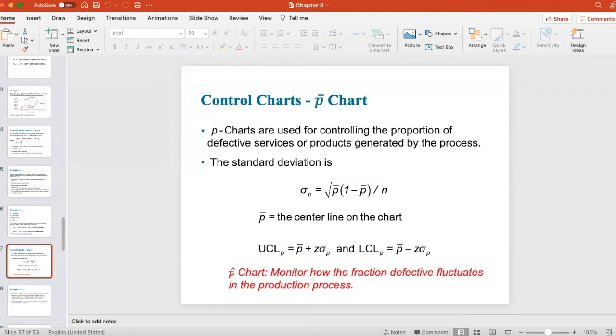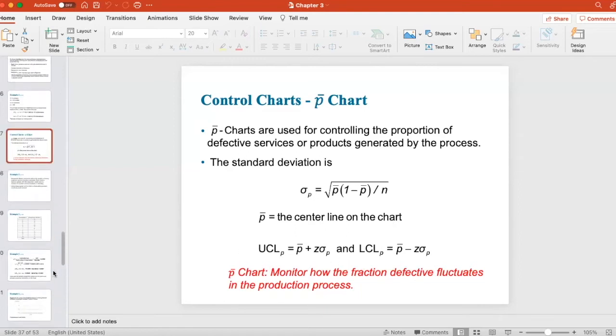Since P represents a proportion, the sample characteristic that we are trying to monitor here is a fraction, or we can say a ratio. More specifically, it is the fraction of defective products within your sample. And we try to monitor how this specific sample characteristic fluctuates in the production process.